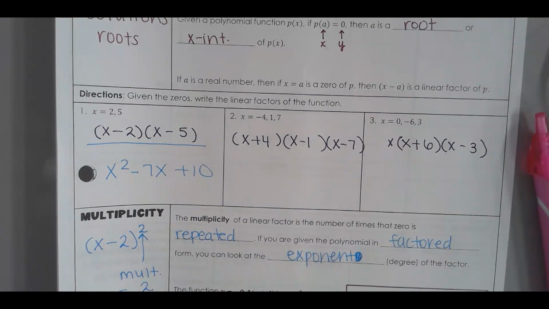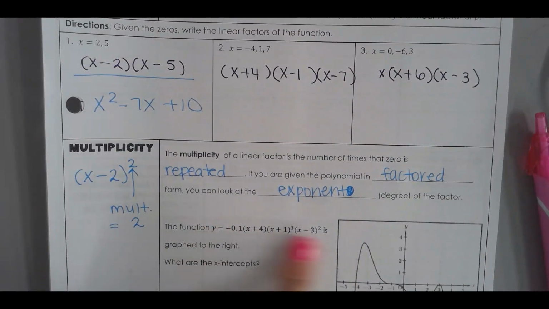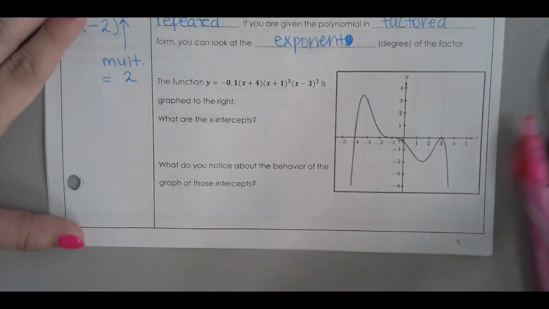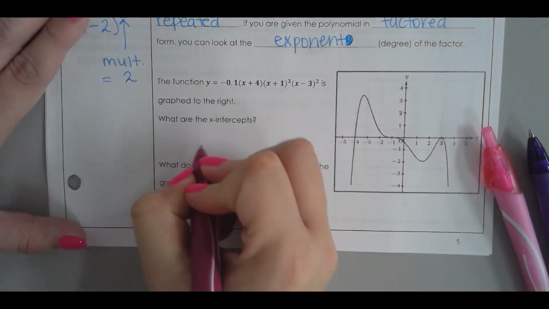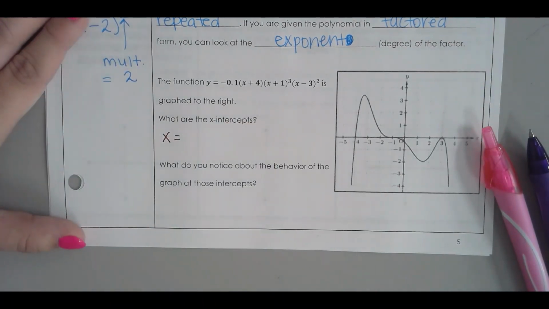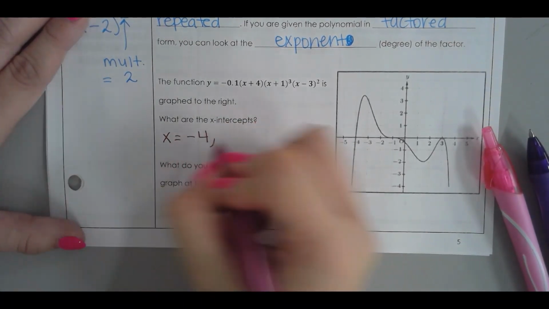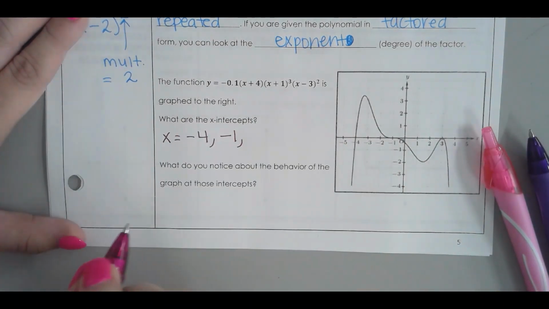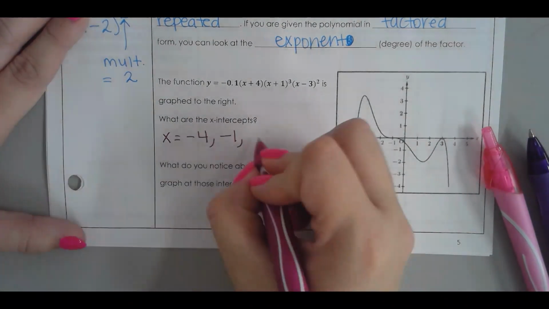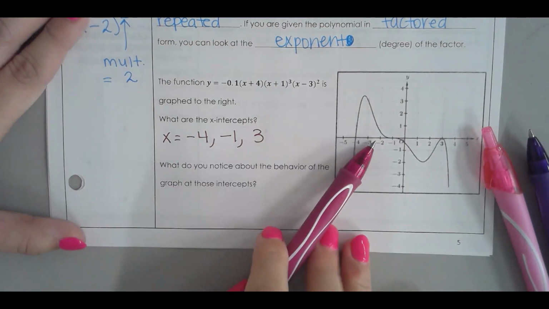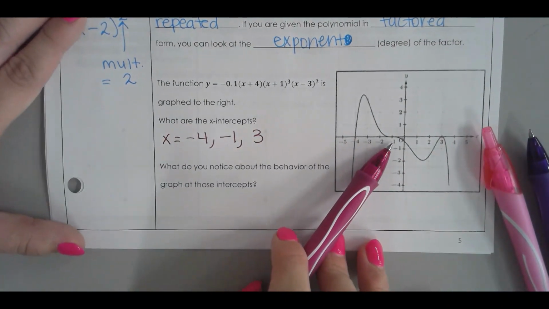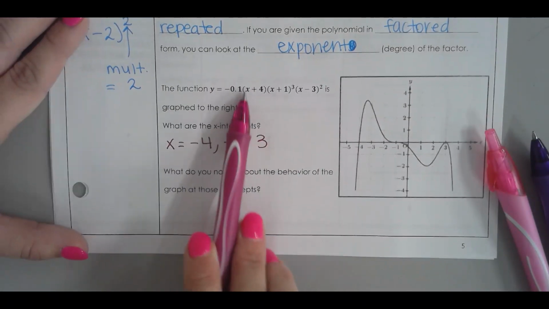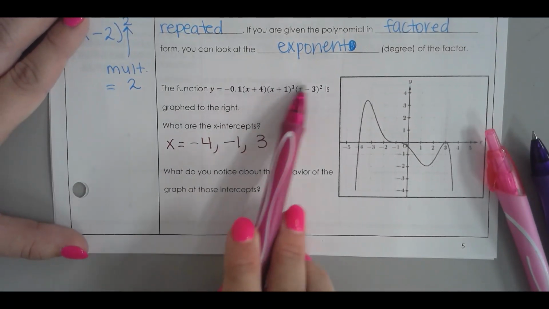So here I have a function. I've given you the equation. What are the x-intercepts? -4, -1, and 3. So I could tell that by looking at the picture, or I could tell that by looking at my factors. -4, -1, +3.